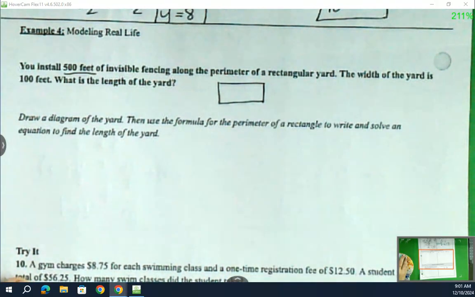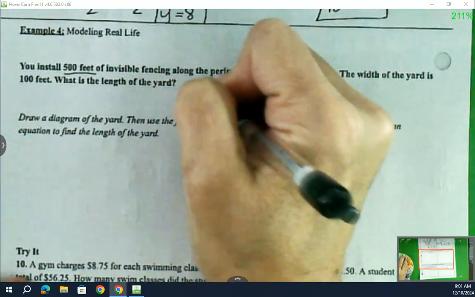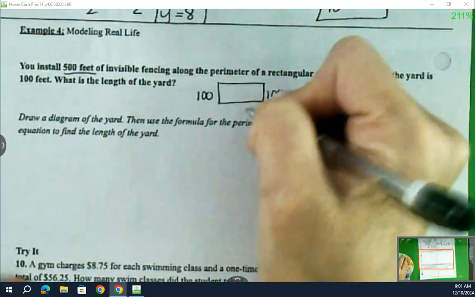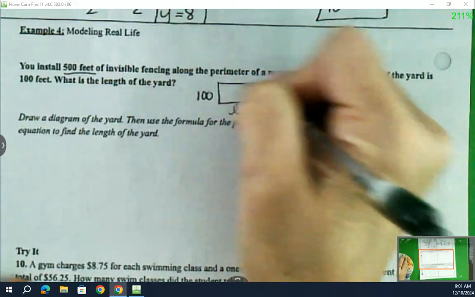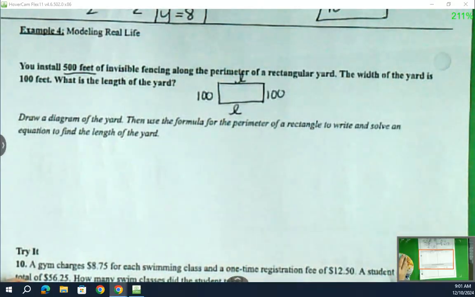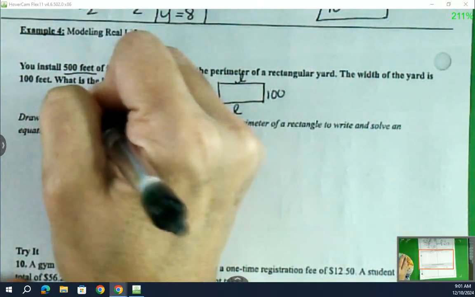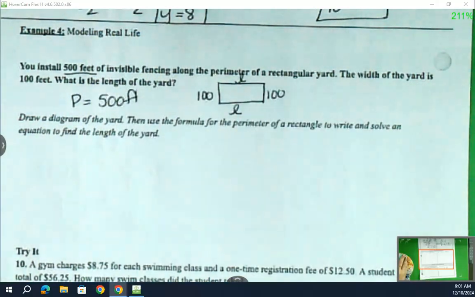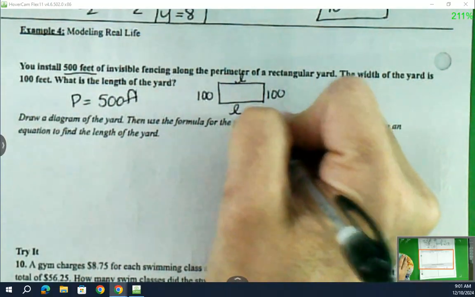So we are told that the width is 100, and we don't know the length, but the total P is 500 feet. So all the way around is 500 feet. And we're trying to find out what the length is.